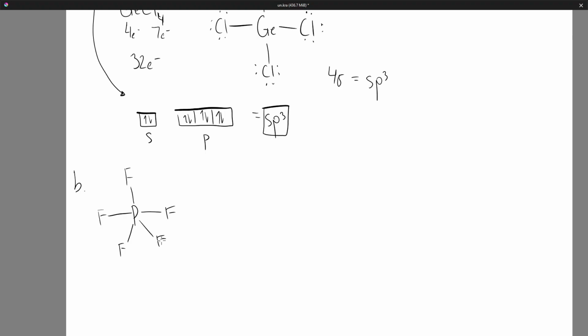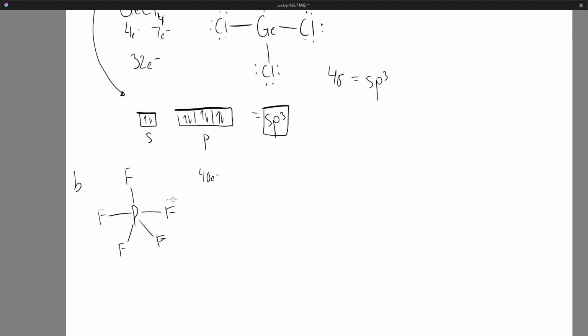Each fluorine has 7 valence electrons. Phosphorus has 5. So 7 times 5 is 35, plus 5 from phosphorus, we're working with 40 valence electrons. Right? 7, 14, 21, 28. Yeah, so 40 valence electrons.